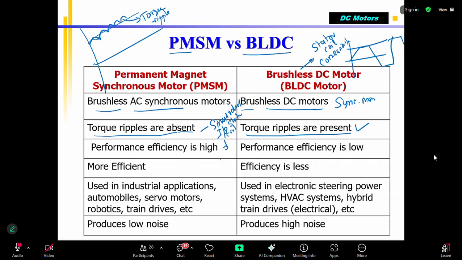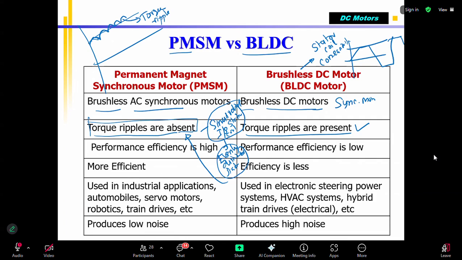Apart from that, the coils are evenly distributed. The torque will be smooth because the magnetic flux is evenly distributed. Sinusoidal waveform, evenly distributed stator coils, so the magnetic field will be evenly distributed in the air gap. Because of that, no torque ripples are present in the synchronous motor.